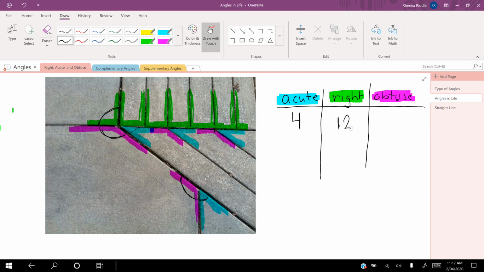We have 12 right angles. So now we're going to go to obtuse and count up how many of those we see. 1, 2, 3, and 4. So in this shape and image, we see 4 obtuse angles, 4 acute, and 12 right.